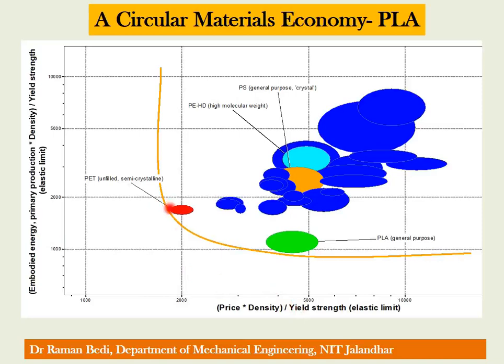We have seen that PET is the material giving you the lowest price, but in terms of embodied energy, it has higher embodied energy than another product, which may be PLA, which is a biodegradable polymer.